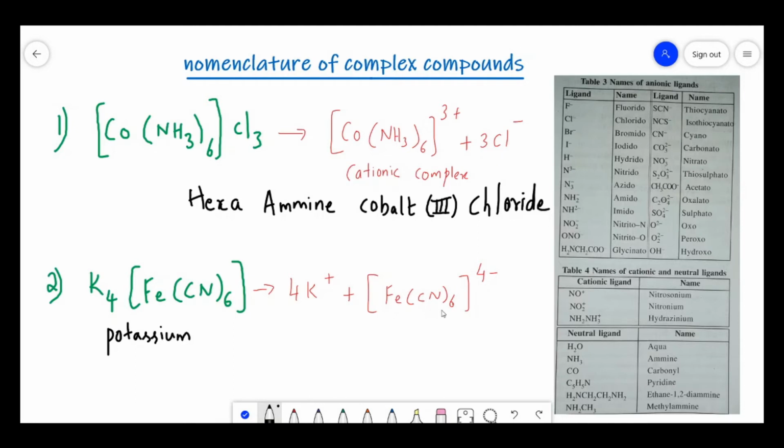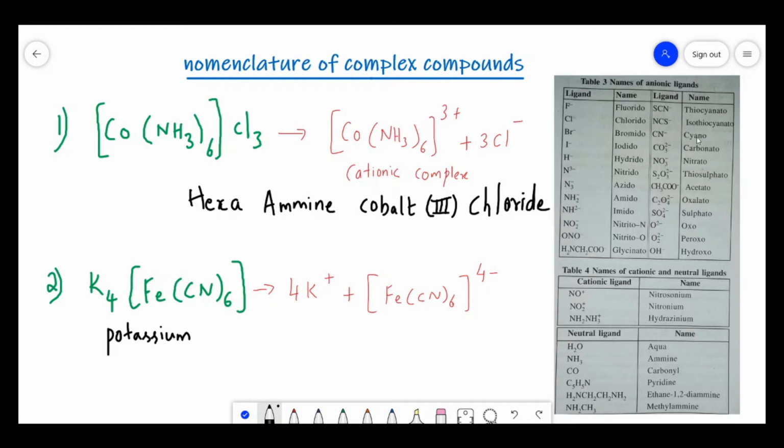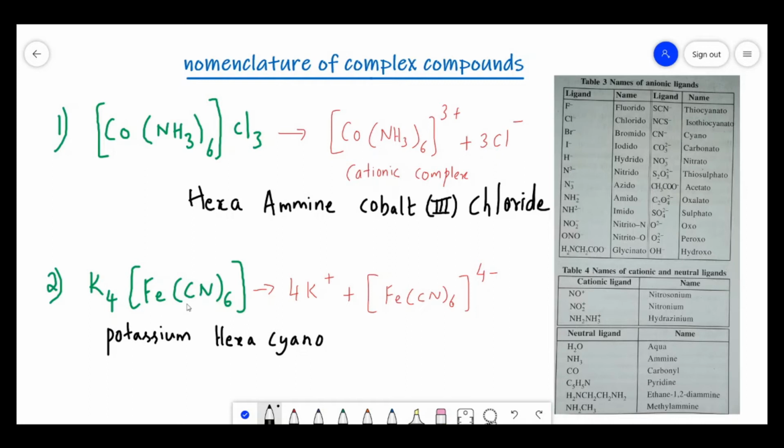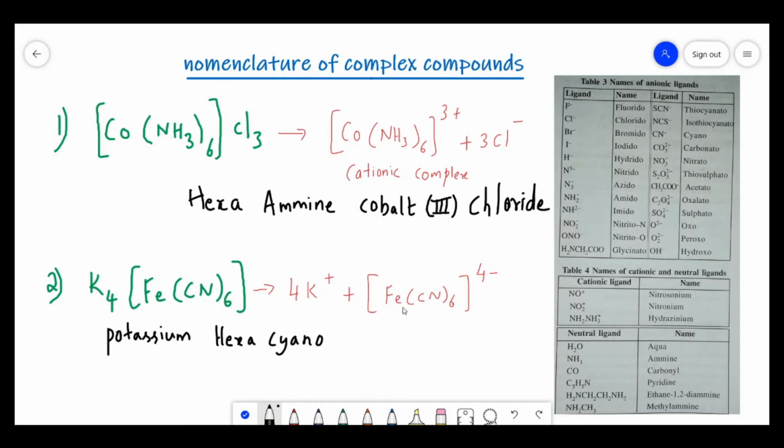Now while writing the complex, again the same thing: we write the ligand followed by the metal. Here 6 cyanides are there, and cyanide is called cyano, so we write hexacyano. Here iron is present. Whenever iron is present in an anionic complex, we have to write it as ferrate.